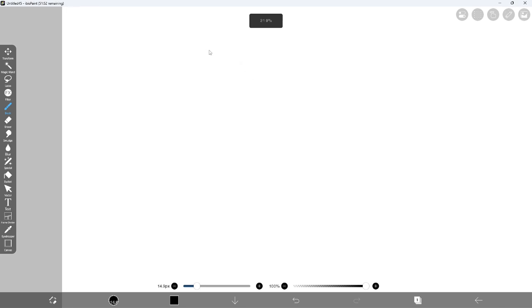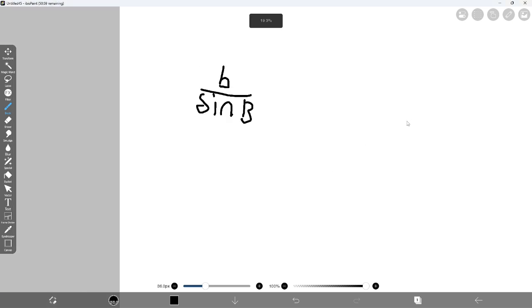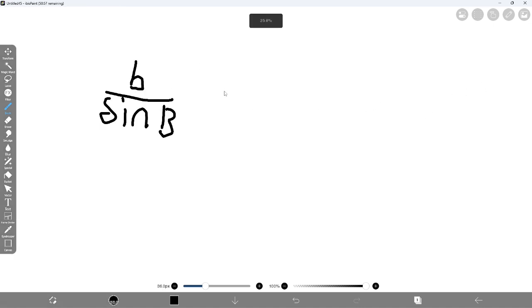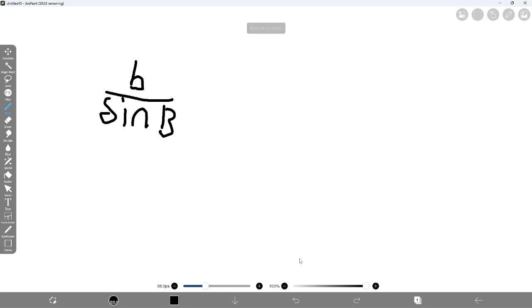So today, we're going to be learning the law of signs. The way to write it would be your small letter under your larger letter, which would look something like this. Now you might be wondering, how do we know which one is a small and big one?